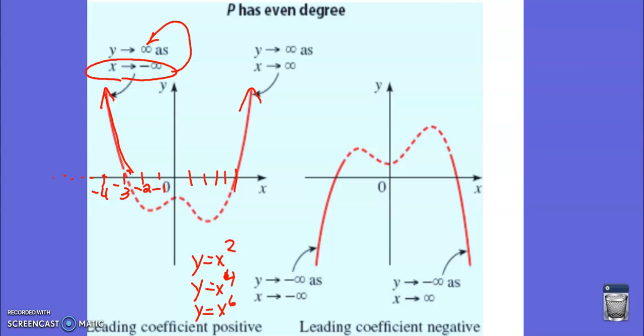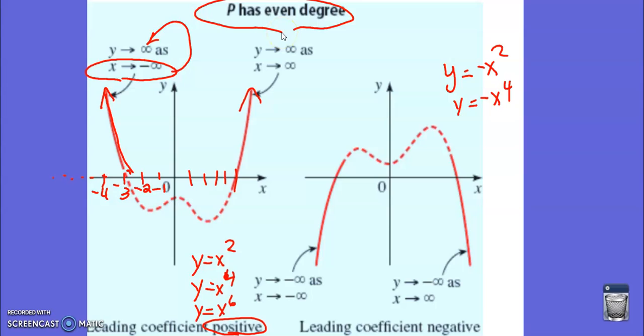And that's if a is positive, by the way, meaning the leading coefficient is positive. If the leading coefficient is negative, so we're talking about y equals negative x squared, y equals negative x to the 4th, they're still even functions, but it's being reflected. So notice as x keeps going higher and higher, the y is getting lower and lower.